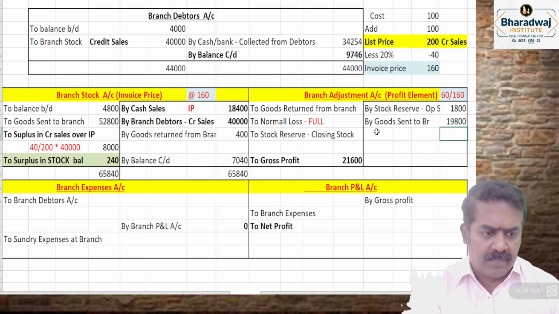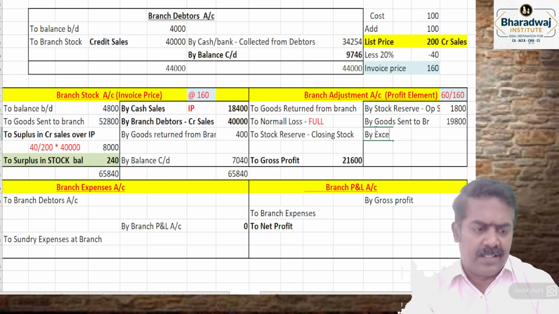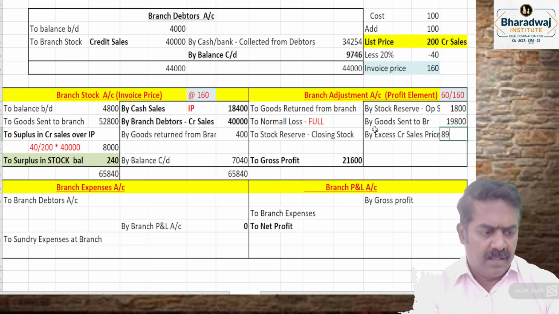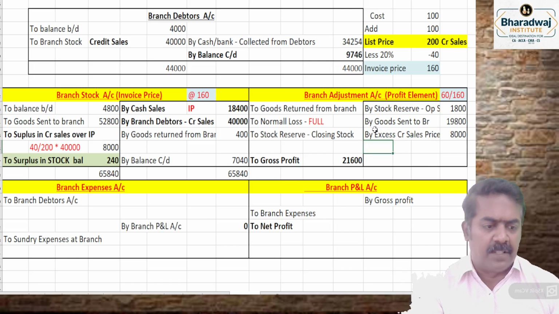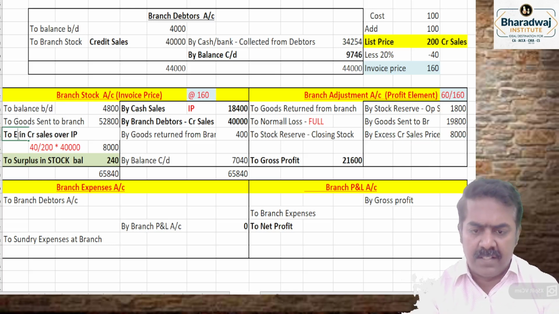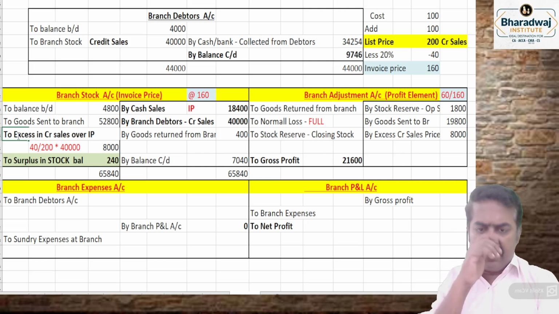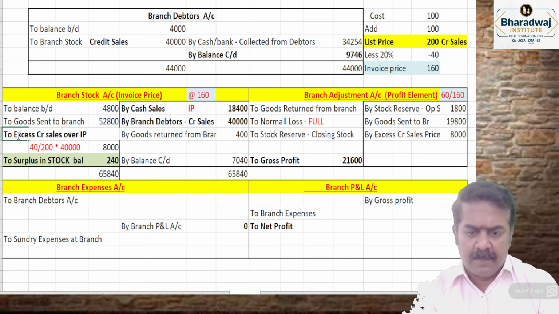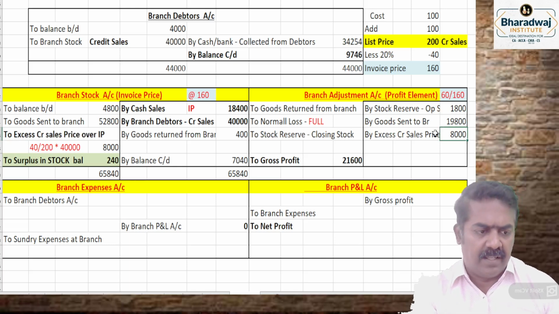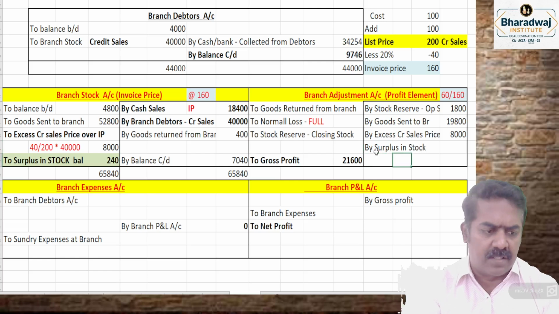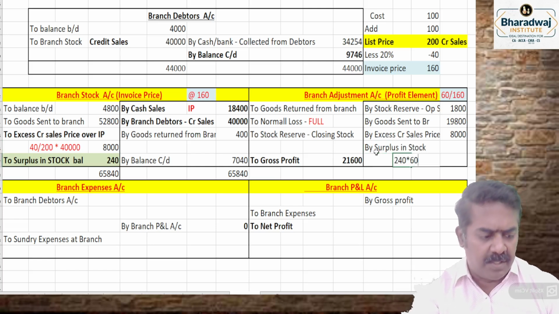Then, by excess credit sales price. What is excess credit sales price? 8,000. That is not a surplus, please. Or you can say excess credit sales price. Credit sales price over which one? Invoice price. That 8,000 will come. Then by surplus in stock. What is the surplus in stock? 240 into 60 by 160.